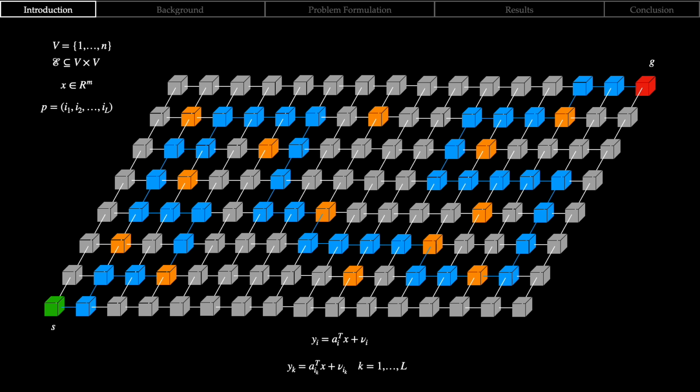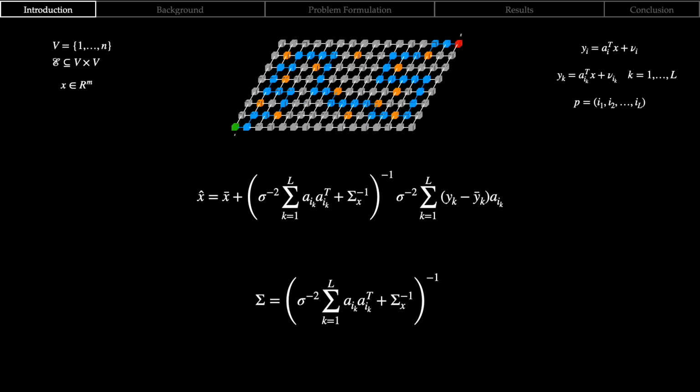So if I'm at node I, how am I going to measure x given my current sensor that I'm using? And we're assuming we have some zero mean Gaussian noise here as well. So with this path setup and with these measurements that we've observed, we can then construct this posterior estimate about what we believe the values of x to be. And if you're familiar with Gaussian processes, this is exactly the Gaussian process mean and covariance.